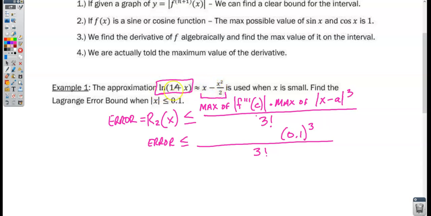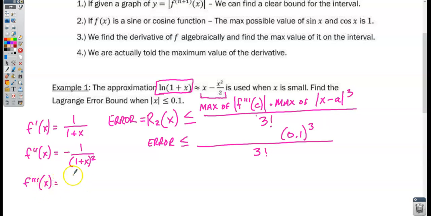So we want to make sure that we take the third derivative of the original function. So f of x is equal to natural log of 1 plus x, so f prime of x is 1 over 1 plus x. F double prime of x is equal to negative 1 over the quantity 1 plus x, quantity squared. And f triple prime of x is equal to 2 over the quantity 1 plus x, quantity cubed.